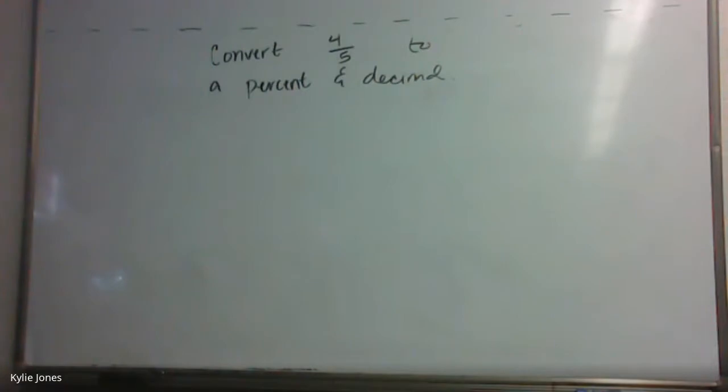Good. Divided by 5 to get your decimal. So try that.